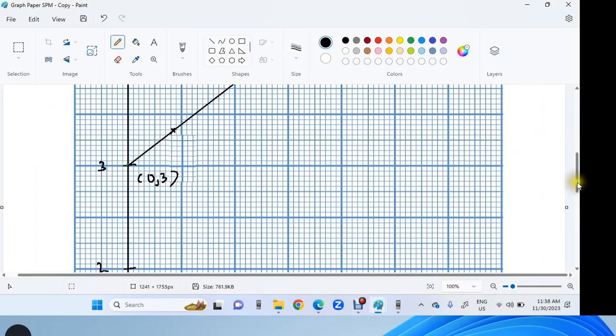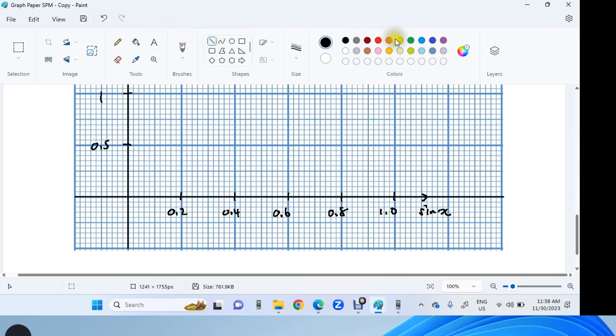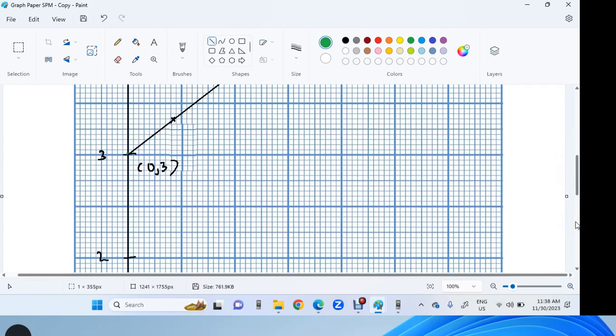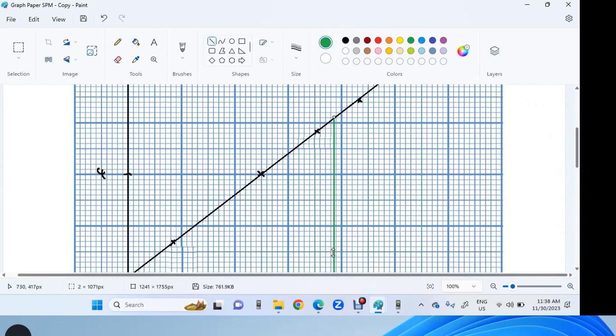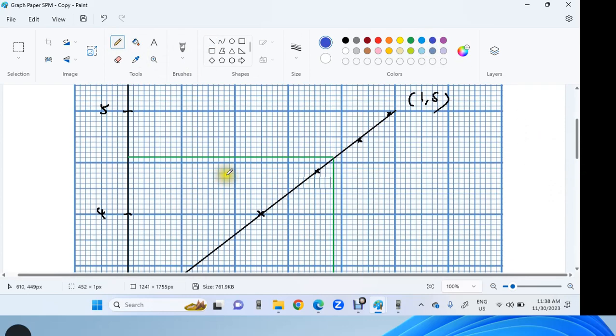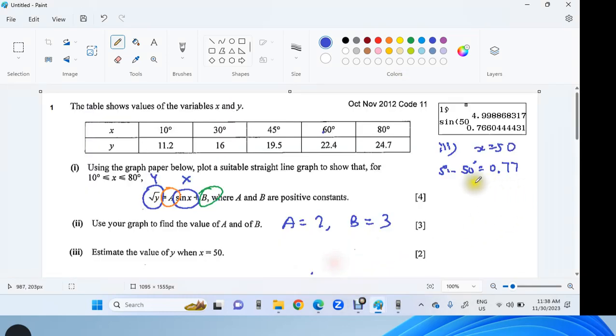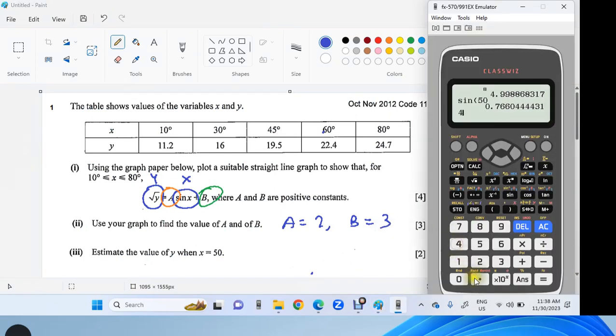So from the graph here, we go to 0.77. 0.77 is somewhere here. Then I check the value here. This is 4.55. So the square root of y is 4.55, then y is 4.55 squared.